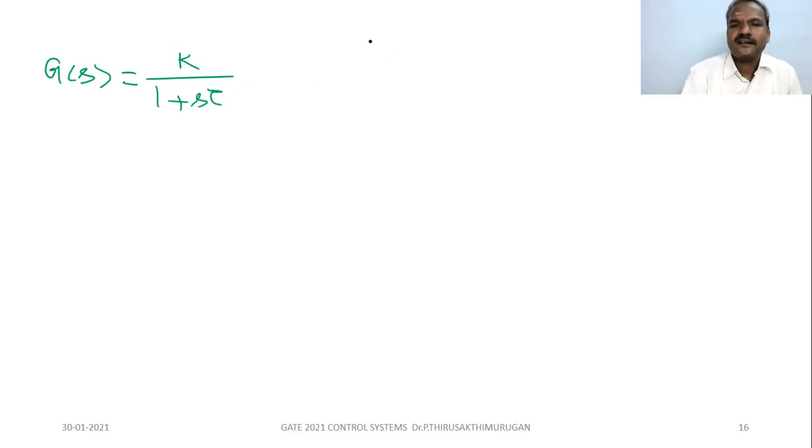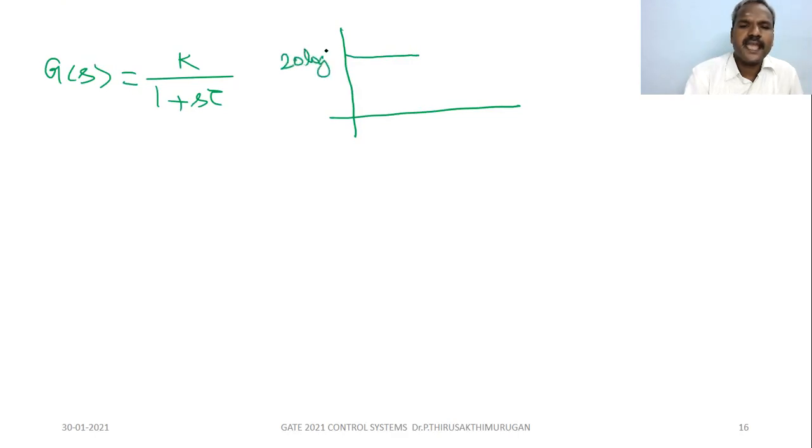Next is different. There are some standard Bode plots for some standard transfer functions. Please remember these Bode plots for different standard transfer functions. Say for g of s equal to k by 1 plus s tau. For this, the Bode plot becomes, for the constant factor, 20 log k.